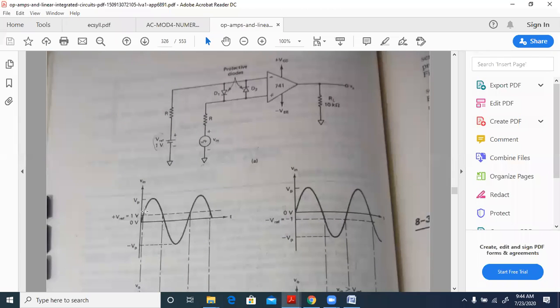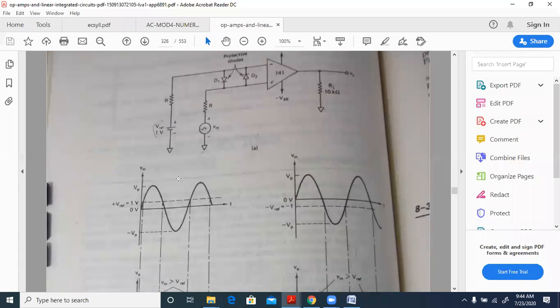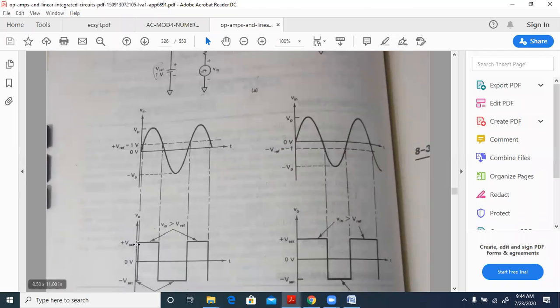So for the portion for which the input is more than the V reference value, the output is high. For the portion for which the input is lower than the reference value, that is this one, the output is low. Now that is the value over here.